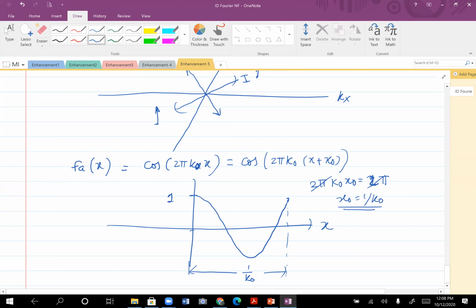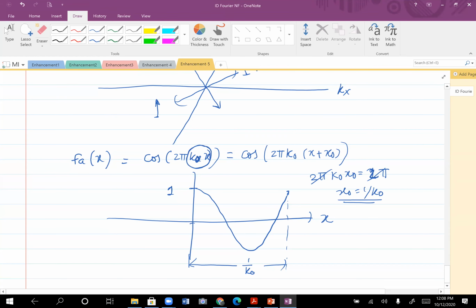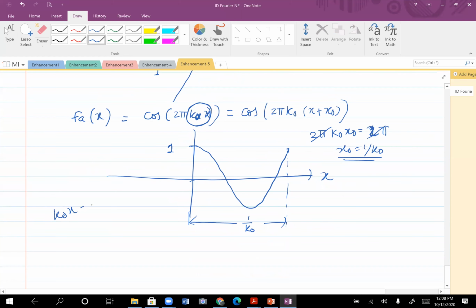A simpler way: k naught into x should be 1, after which it repeats. Initially it is 0, and it repeats when this again becomes 1. So x is equal to 1 by k naught, and from that onwards it repeats again.